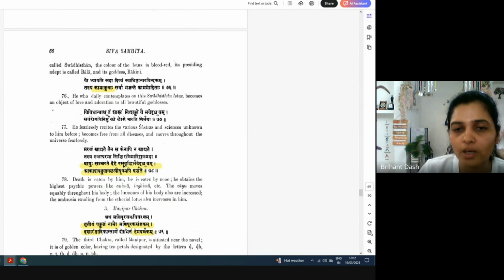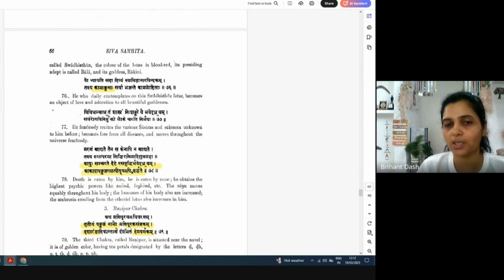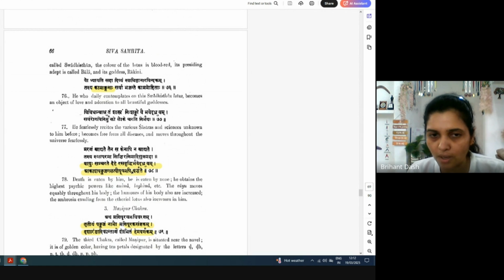Then happens your Rasa Vriddhi and all the Siddhis, and you will receive an increase in your age. So it is said, first you need to purify your Nadi, then the Vayu Sanchar will happen, only then this Granthi Vedan will happen, and then your Sahasrar Chakra will release Piyush and will increase your Ayu.